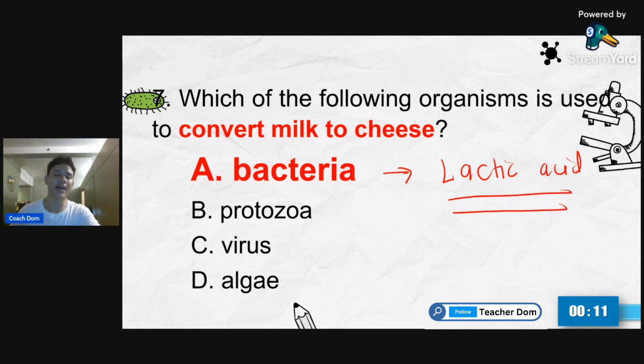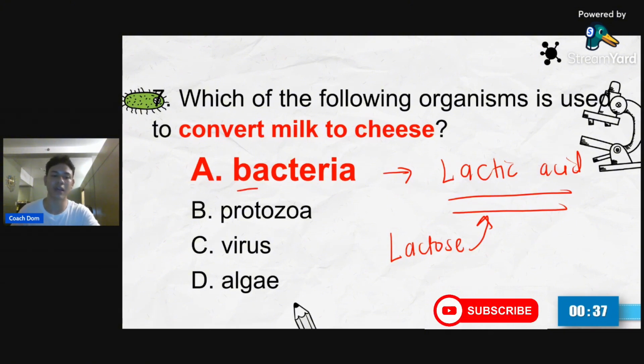So yung main reaction that takes place here is the conversion of your lactose, from the word lactic, to your lactic acid, it will make your milk acidified. Which explains how they get their name. So that's why our answer here is letter A, bacteria.